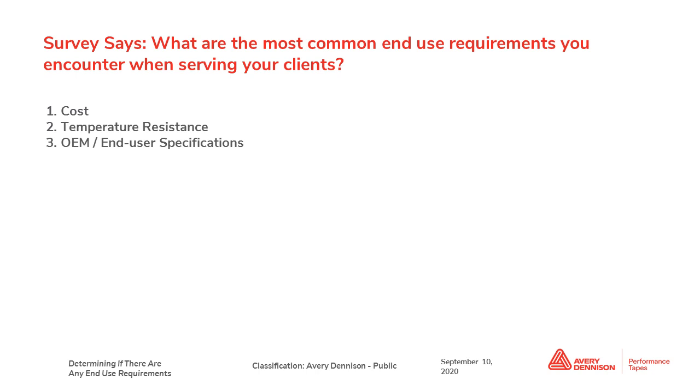And then OEM or end user specifications, as we'll find out soon here, is a main requirement oftentimes. And this being the core series, which is primarily directed towards foam and fiber and film bonding, a lot of applications go into applications that have end user specifications like automotive or appliances.